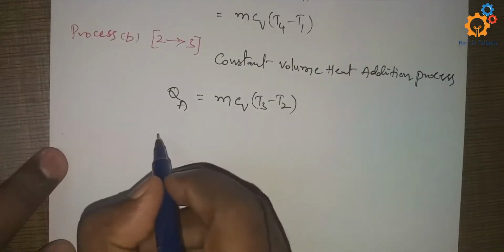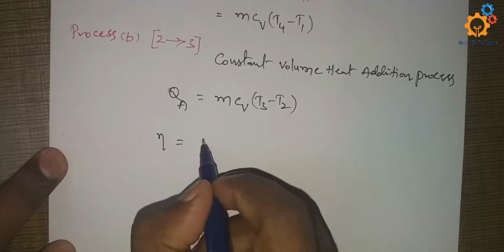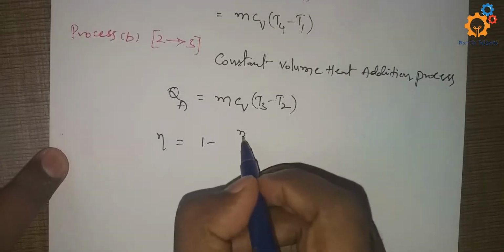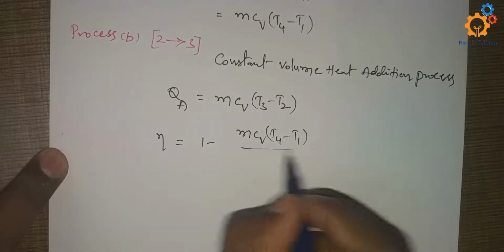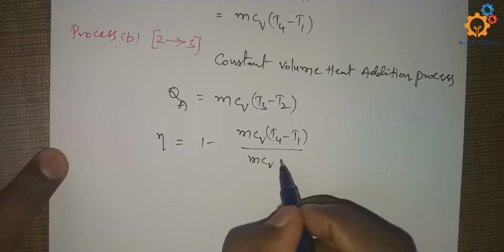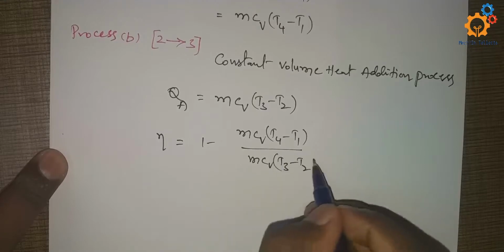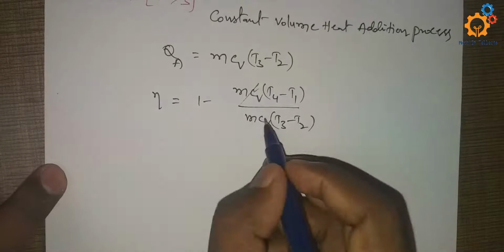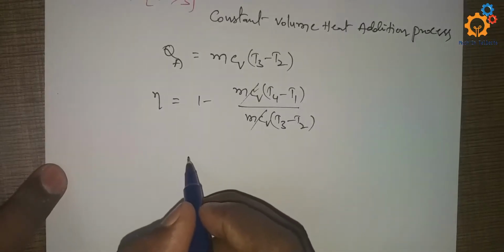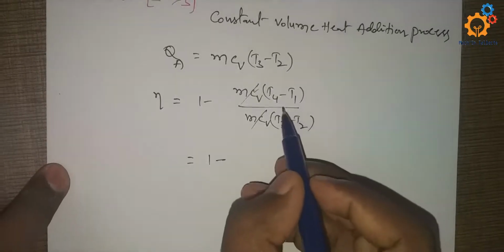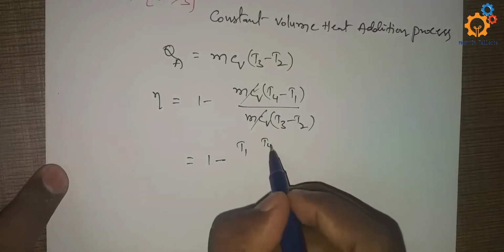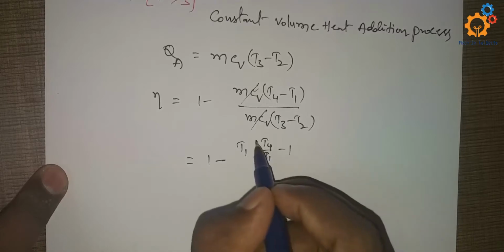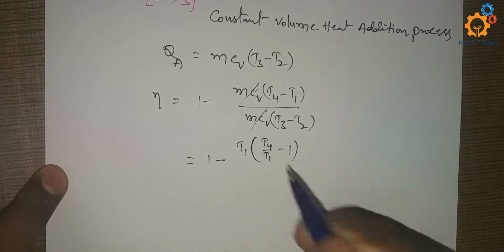Okay, so efficiency is equal to 1 minus QR, that is m Cv (T4 minus T1), by m Cv (T3 minus T2). m Cv and m Cv get cancelled out, so from this 1 minus, if I take T1 common here, I will get T4 by T1 minus 1, right?